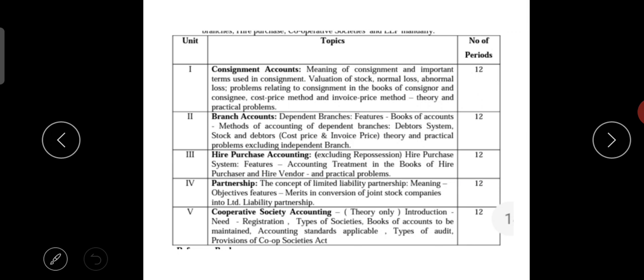And you are also studying accounting standards applicable to cooperative society accounting. Next, you are studying types of audit and provisions of Cooperative Societies Act.